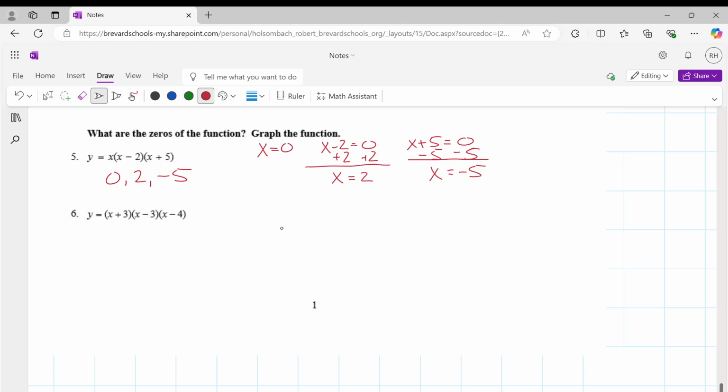For problem number 6, we've got x plus 3 that's equal to 0, x minus 3 that's equal to 0, and an x minus 4 equal to 0. So one of our zeros is going to be negative 3.